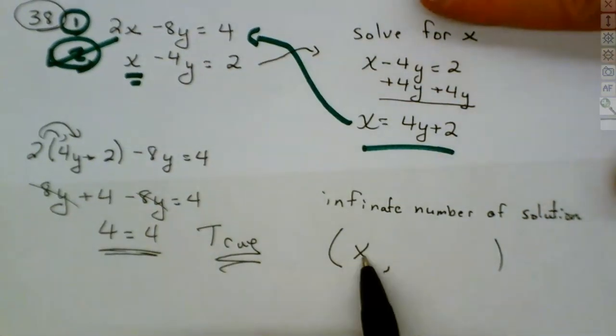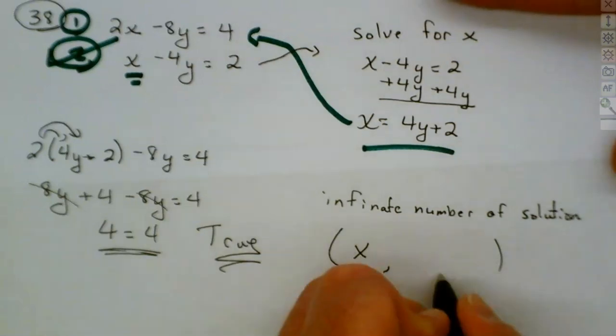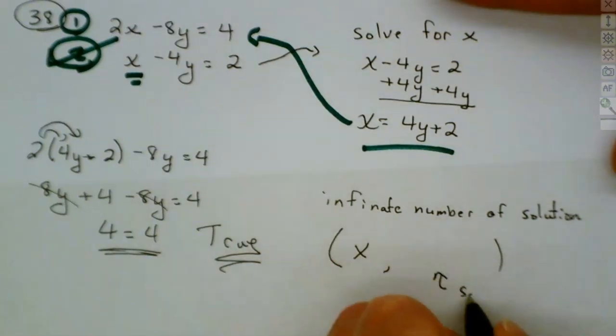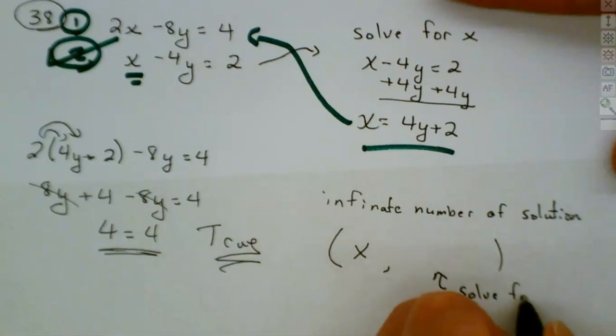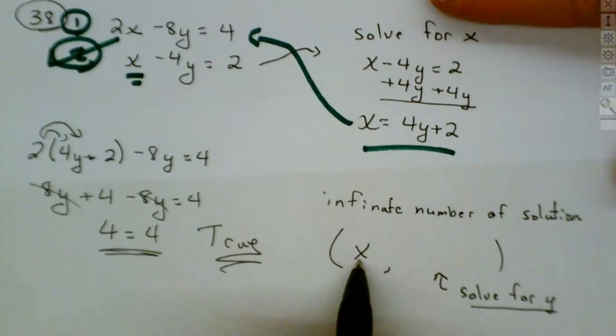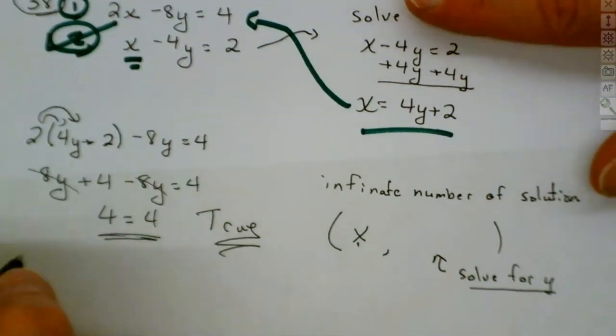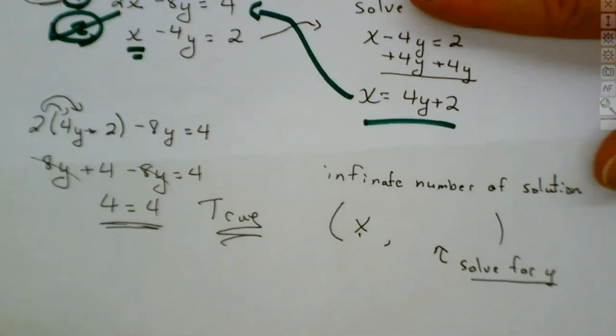So this one's always x when it's an infinite number, and this right here is going to be solved for the variable y. So arbitrary x, solve one of the equations for y. It doesn't matter which one.